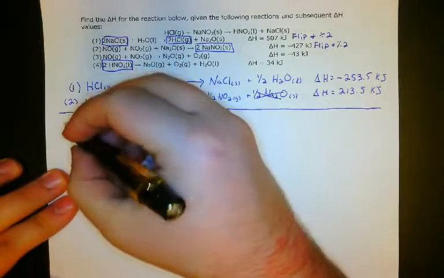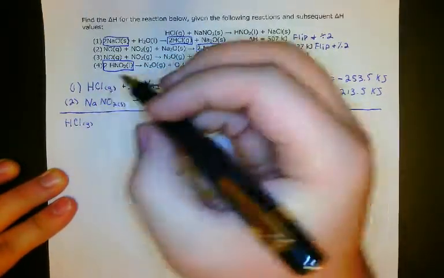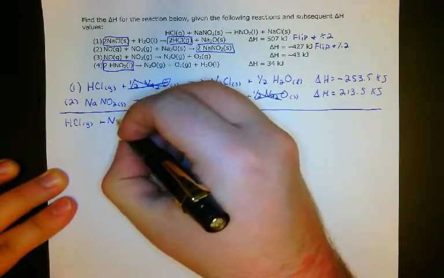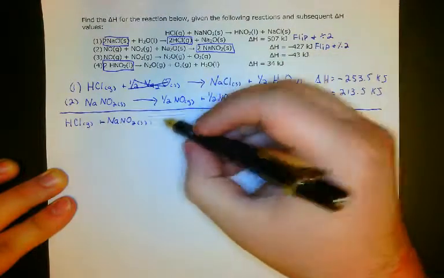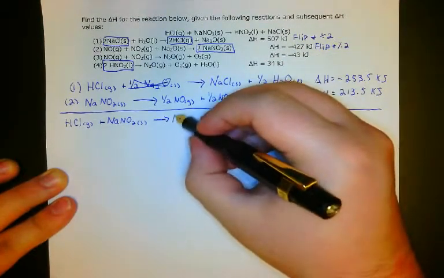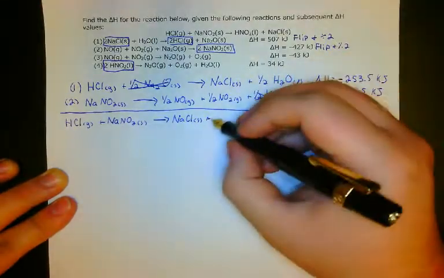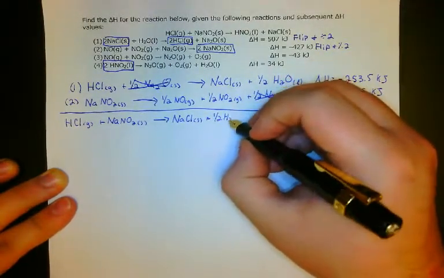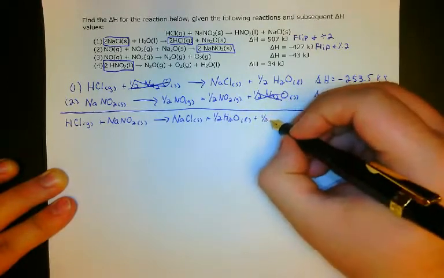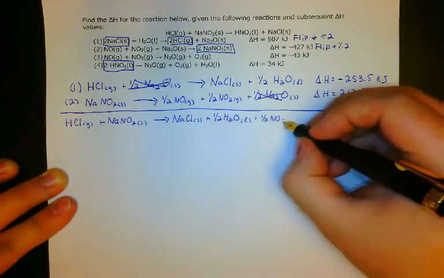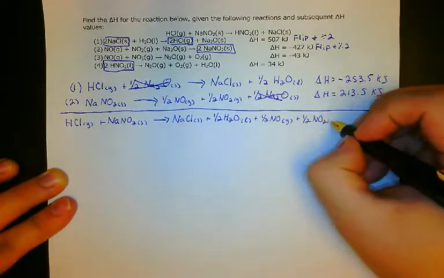So let's combine everything. Let's put all our reactants on one side, our products on the other. I should end up right now with HCl plus NaNO2 creating NaCl plus 1/2 H2O plus 1/2 NO plus 1/2 NO2.